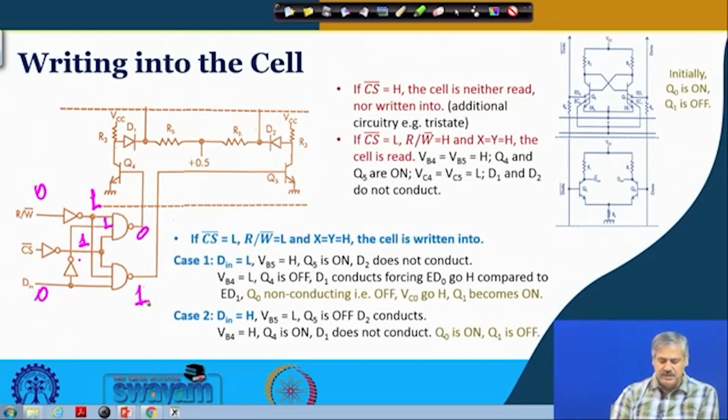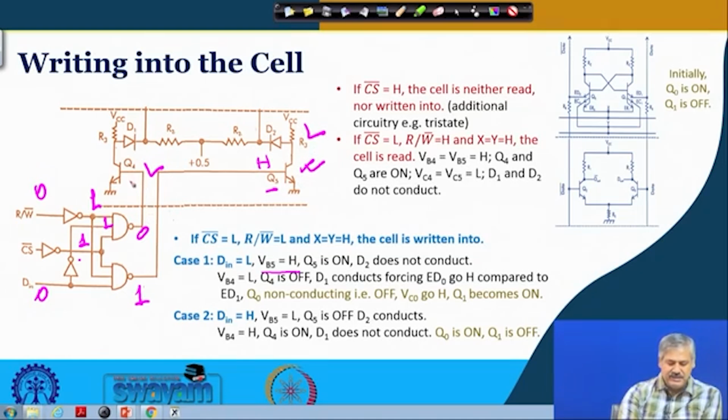Because of which this VB, this particular base voltage of transistor Q5, this is high and this is low. What does it mean? So this will be on, so this voltage will be low over here and this is low, that means this transistor is off.